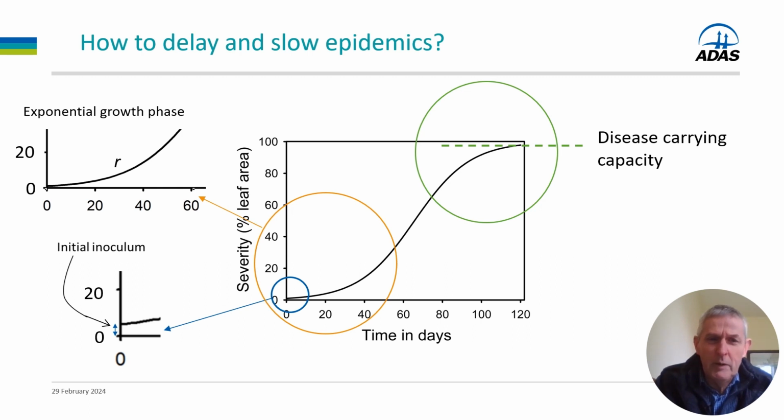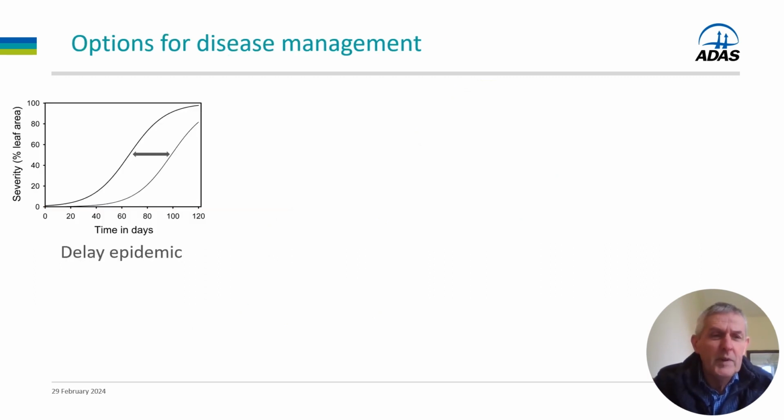So essentially we've got 3 options that arise from these 3 phases of the epidemic about what we can actually do to delay or slow the epidemic. The first is we can try and shift the epidemic in time by delaying it.